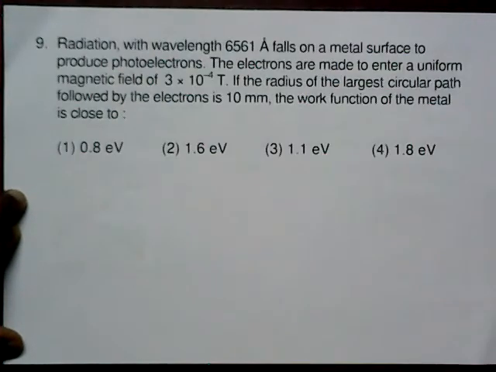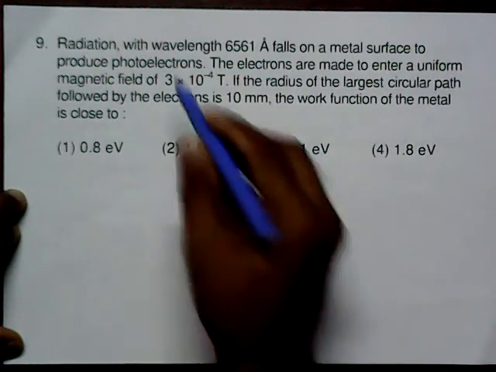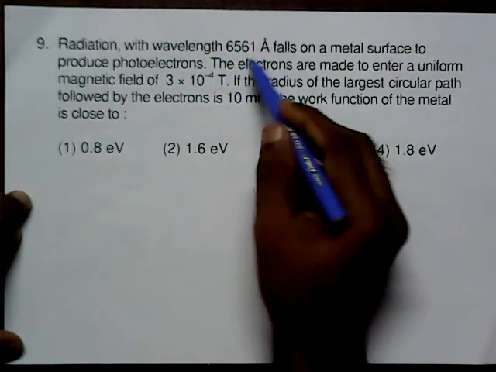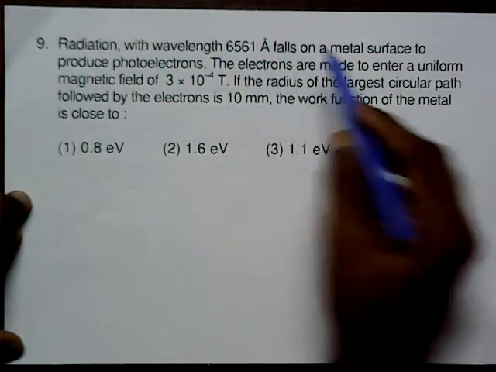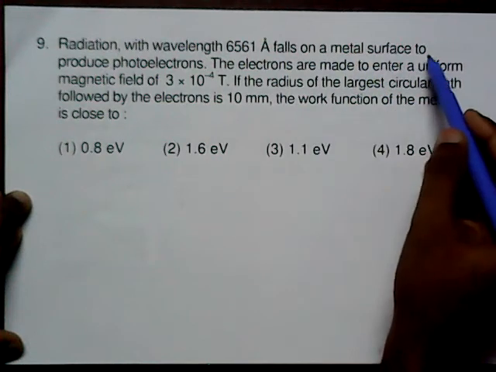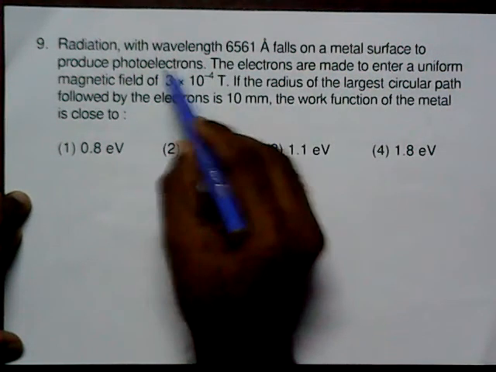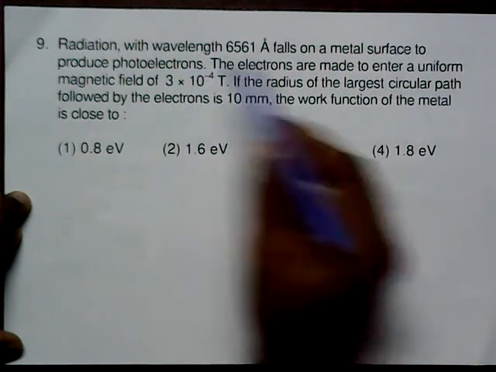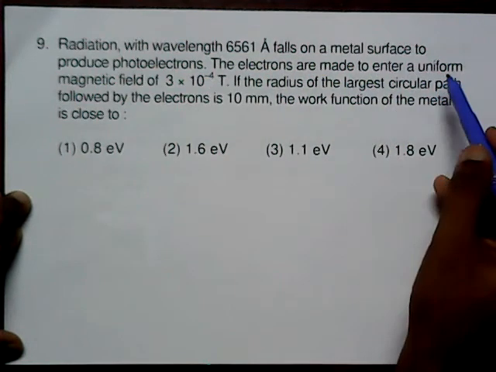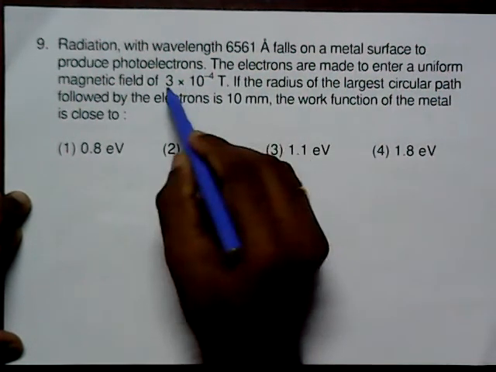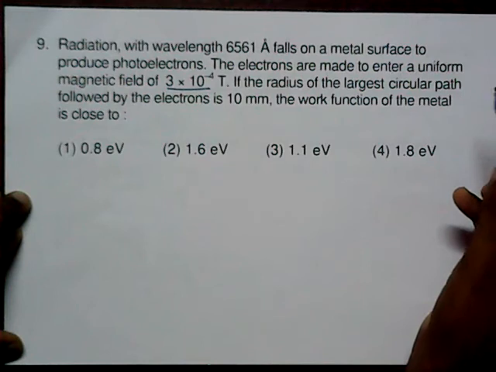Number 9. The radiation with wavelength 6561 angstrom falls on a metal surface to produce photoelectrons. The electrons are made to enter a uniform magnetic field of 3 into 10 raised to minus 4 Tesla.